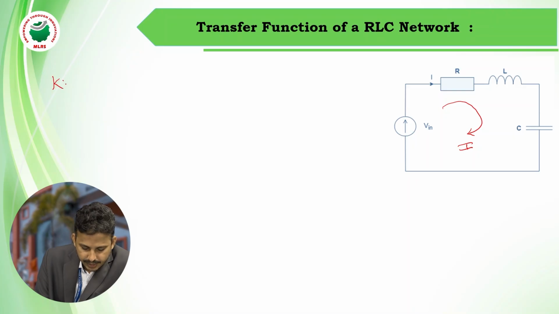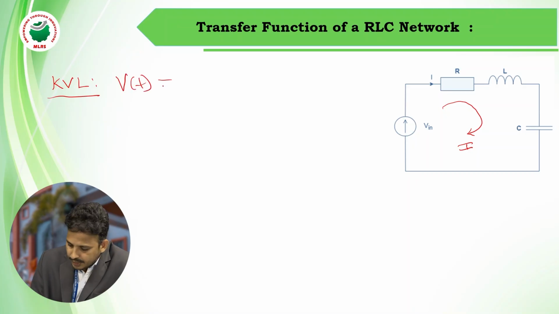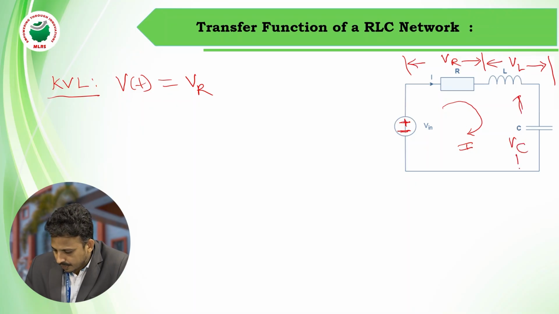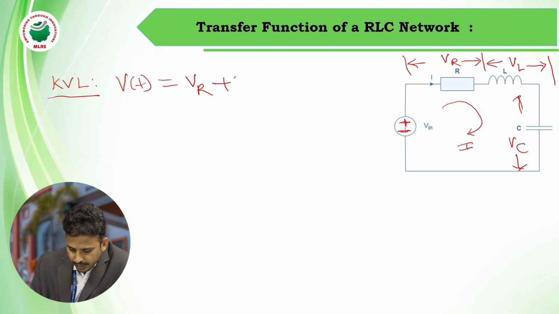So by KVL, V of t is equal to the voltage across the resistor VR plus VL plus VC.